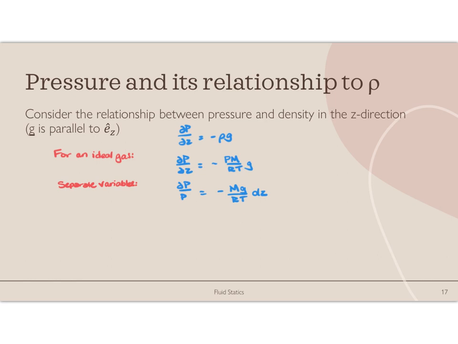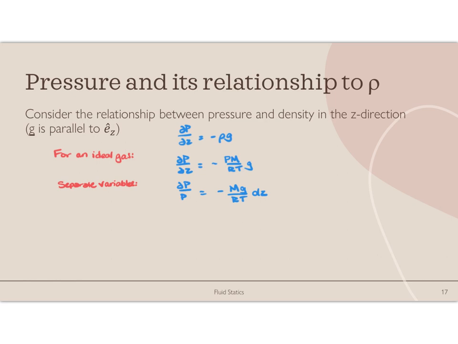So now let's integrate from a starting point at z equal to 0, where we'll say that P is atmospheric pressure, to a second point, point 2, with an arbitrary z and a P that corresponds to that.